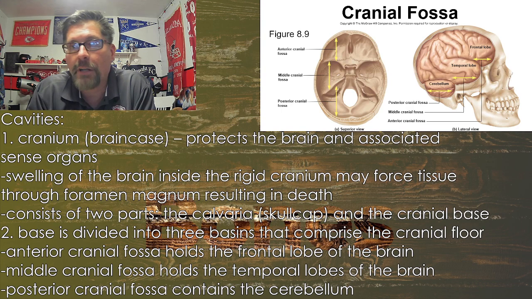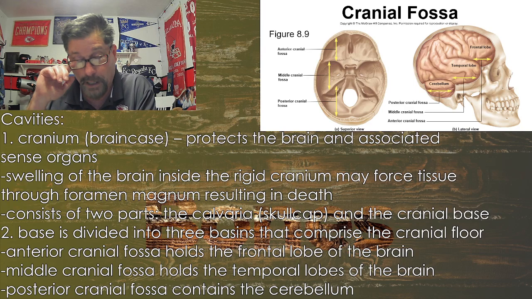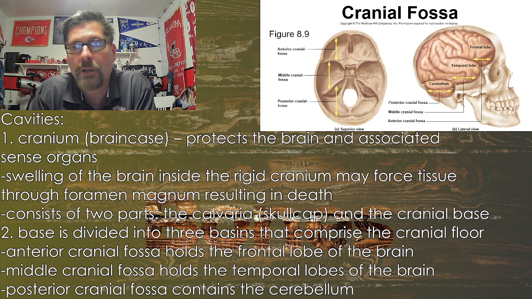But the cavities, as we mentioned, the skull itself does a lot to help with that. As you're looking down into a skull there on the left-hand side of the diagram, you can see those little sections that the brain sets into.